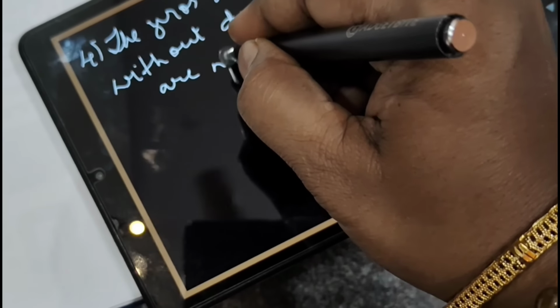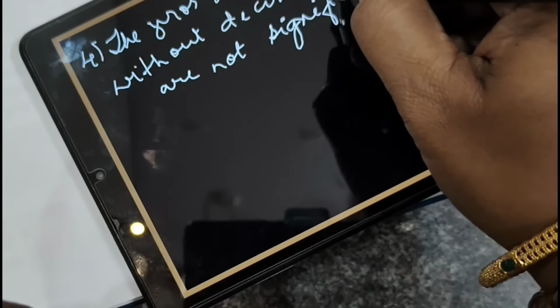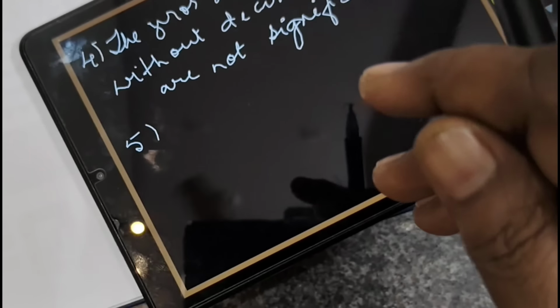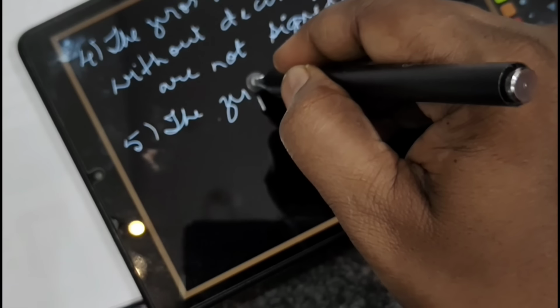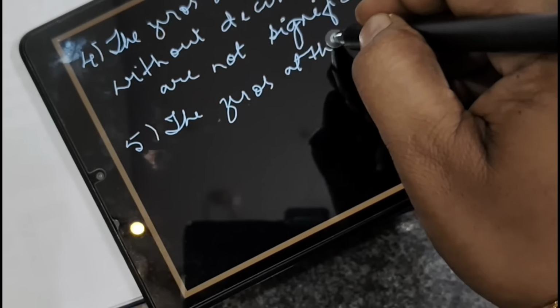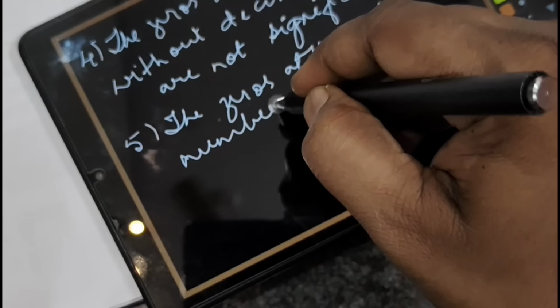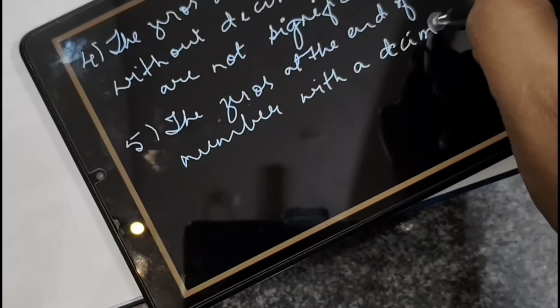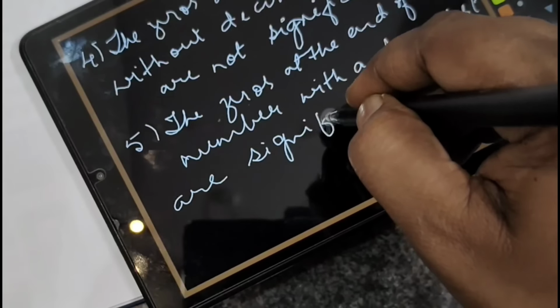Fifth one is the zeros at the end of a number with a decimal point are significant. So example I will give you.